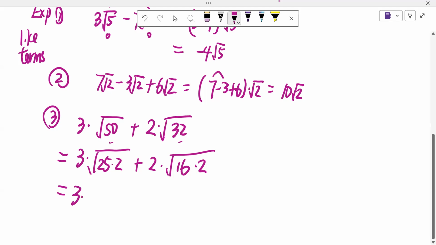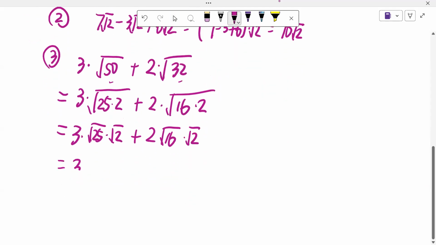From there, we just simplify, right? Square root of 25 becomes 5, and square root of 2. The other one is square root of 16, and square root of 2. And this one becomes 3 times 5 times square root of 2. This one becomes 2 times 4 times square root of 2.